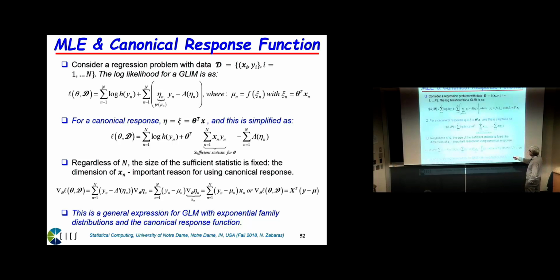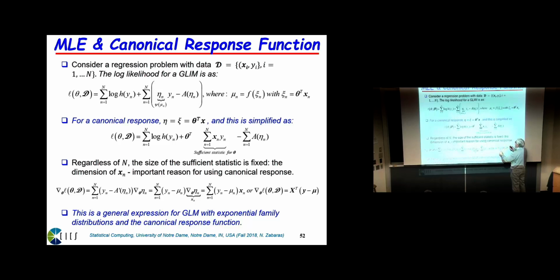There is no theta here, so no derivative. Here what we get is xn times yn, and I see that here, xn yn. You see that? All right? Xn yn. And then we have the derivative of this with respect to theta. So to differentiate this with respect to theta, you have to take derivatives with respect to eta. And what's the derivative of a with respect to eta? From the properties of the exponential family?